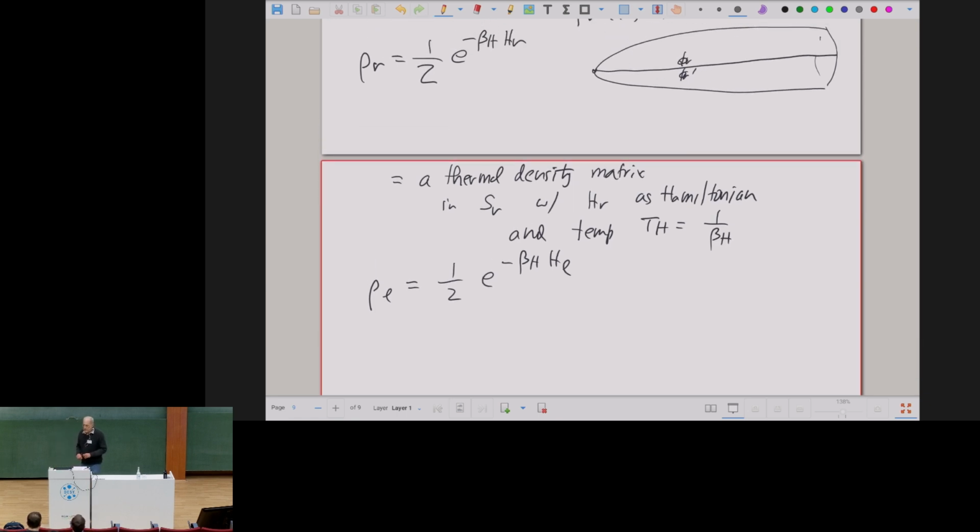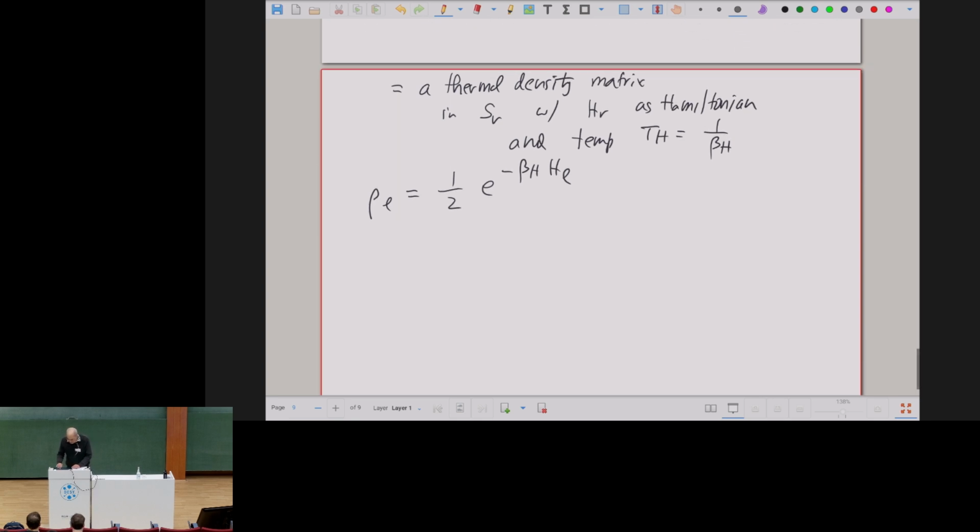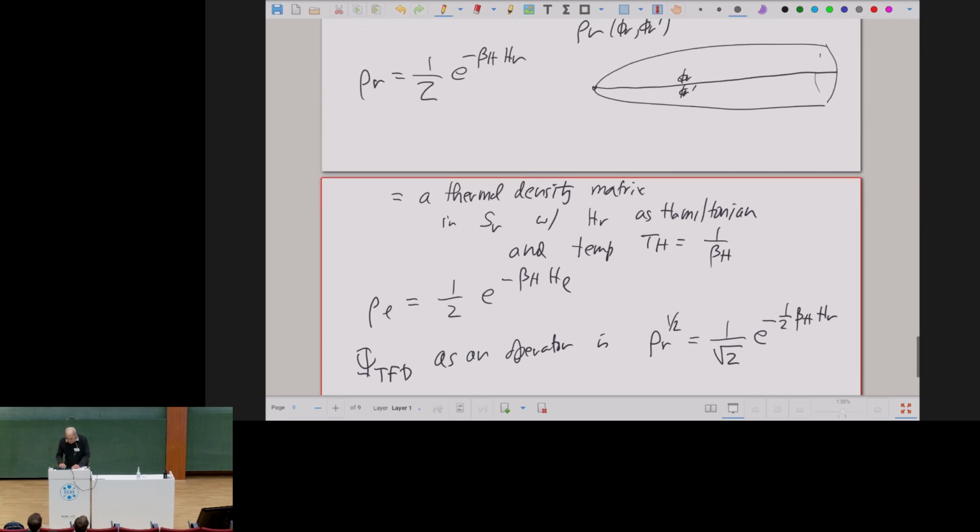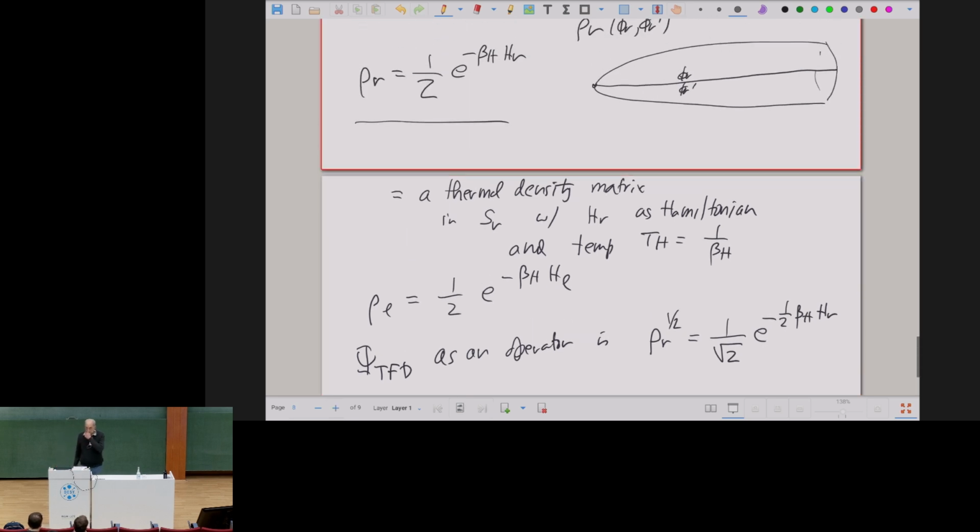Now we'd like to understand the thermofield double state. The thermofield double state as an operator is just the square root of the density matrix. So it's 1 over the square root of Z times e to the minus 1/2 beta H times HR. I just took the square root of the formula for the density matrix.